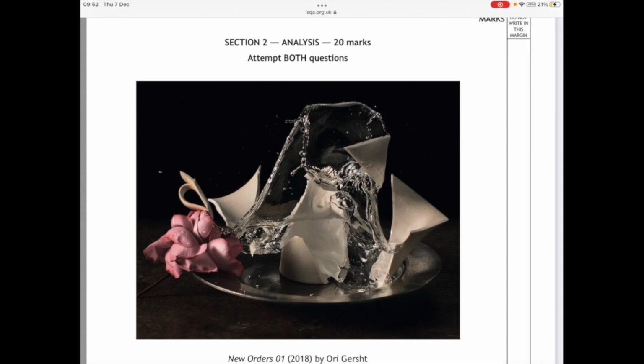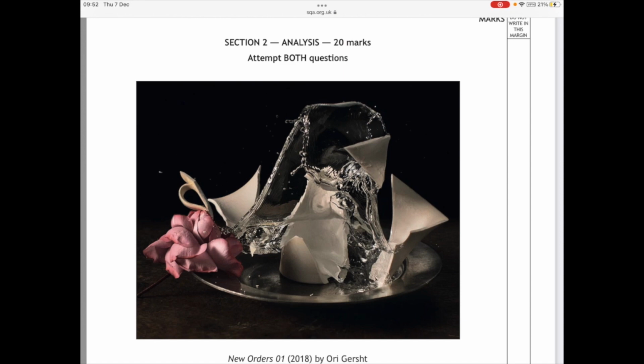I'm going to talk about a few things here, rather than doing them all. Obviously, there are other things. You could talk about leading lines here. You could definitely talk about negative space and so forth. But I'm just going to speak about a few.